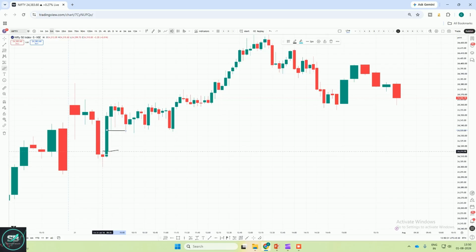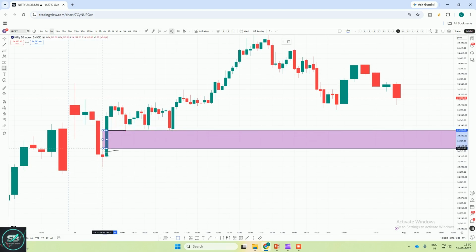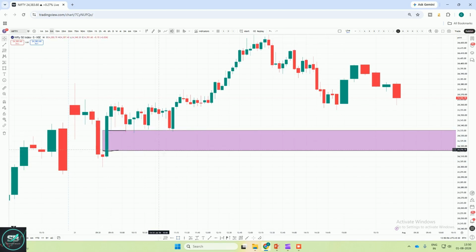Either it is a combination of green or red candles, or all 3 green, or all 3 red. It does not matter. Just identify gaps between the first candle and the third candle. So this is called an FVG. This is an FVG here.